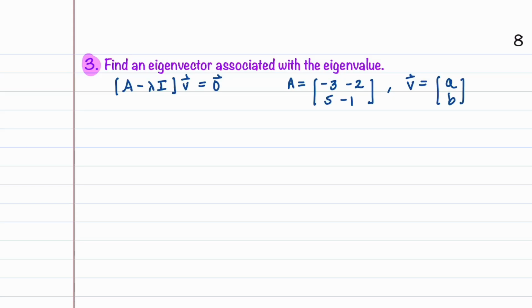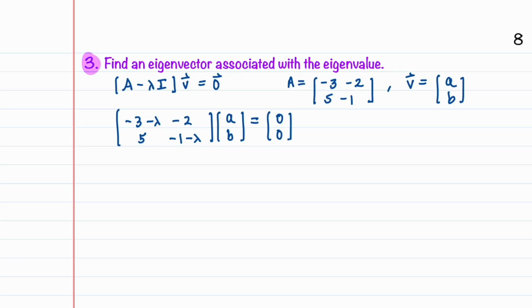Let's now go ahead and set this up. A - λI is going to be [-3 - λ, -2; 5, -1 - λ], and we're going to multiply this by [a, b], that's our vector v, and it's equal to [0, 0]. In step 2, we found that our eigenvalue, at least one of them, was -2 + 3i.